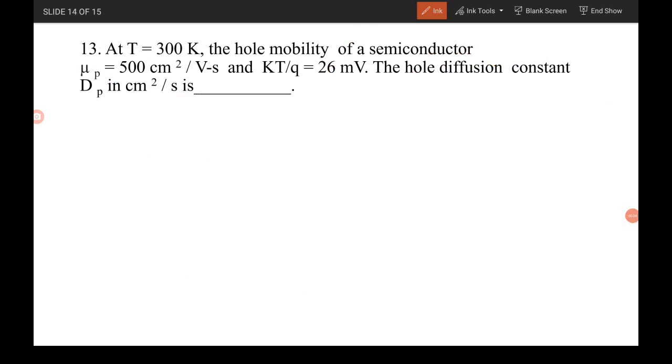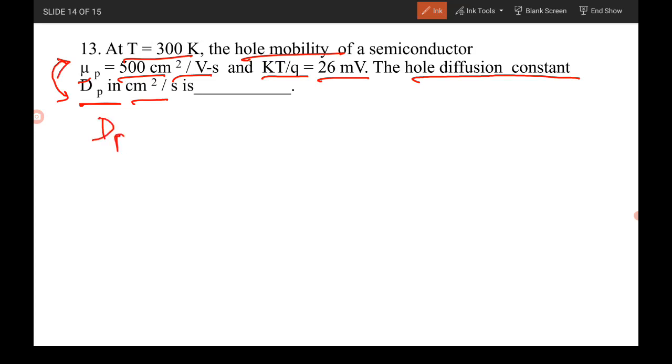So in this question you can see at room temperature, that is 300 Kelvin, the hole mobility is given, that is 500 centimeter square per volt second. Thermal voltage is given, that is kT by Q, which is equal to 26 millivolt. And we need to find out the hole diffusion constant, that is Dp, which should be in centimeter square per second. So we know the relationship between the diffusion constant and the mobility.